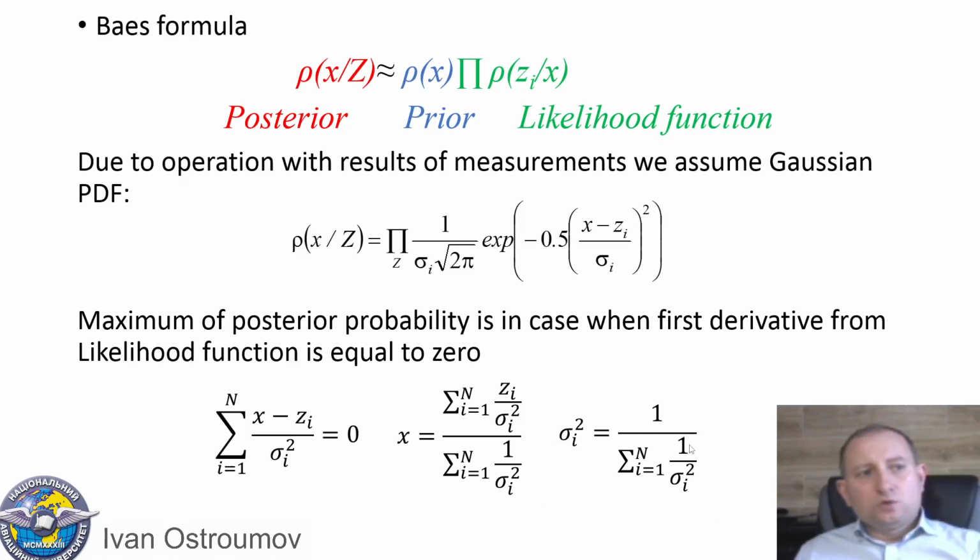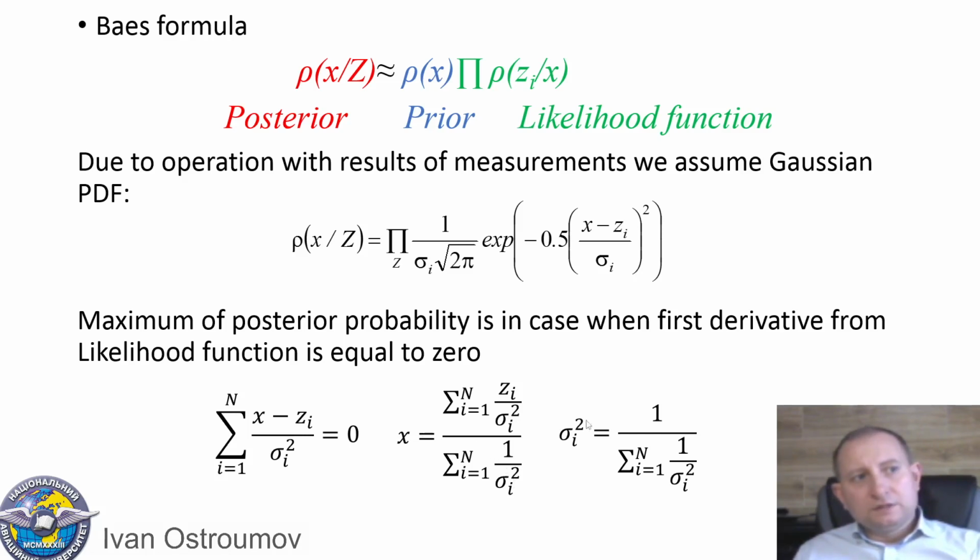In this case, the opposite value of the dispersion of each measured parameter is like a weight coefficient. That's why we use the weight coefficient here, and we need to divide by the sum of these weight coefficients.